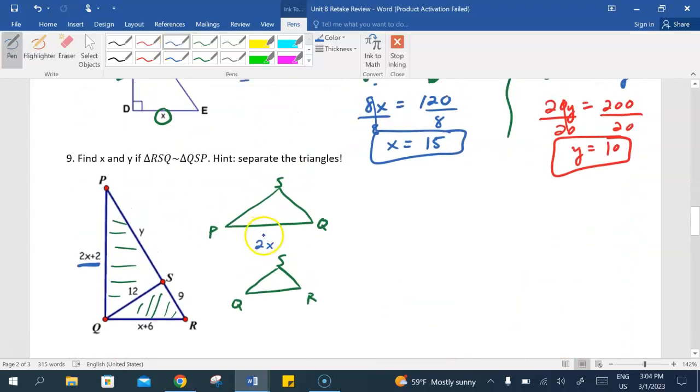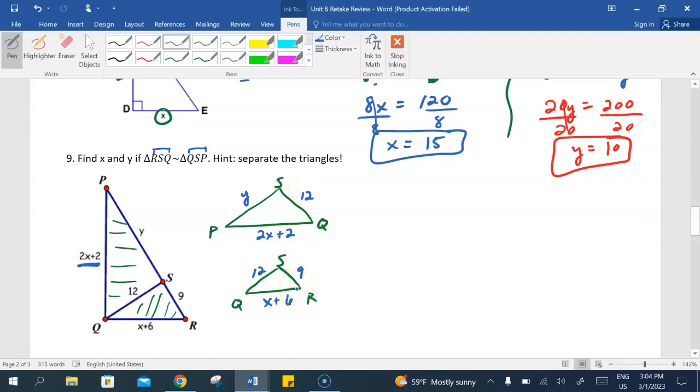PQ is the first one and the last one and the second one, so I'm matching this up with that. So RQ goes with x plus 6. I'm going to do the same thing for every single side. So this would be y, this would be 12, this would be 12, and this would be 9.